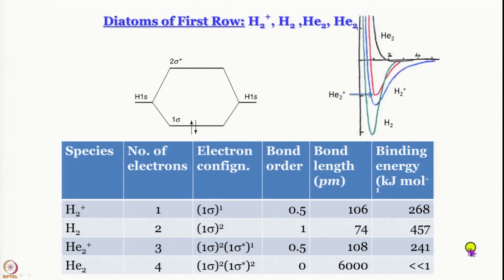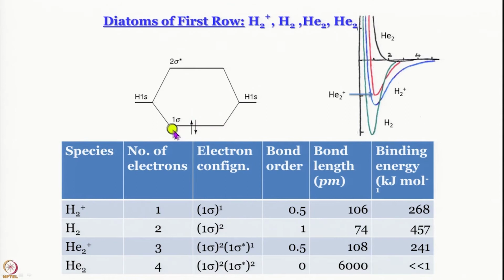Of course, both of them are more unstable than H2, that is a best case scenario, but the point is that He2 plus and H2 plus both have same bond order, but energies are not same. H2 plus actually has a little more stability than He2 plus. Why? Because in H2 plus you just have 1 electron in the bonding orbital.